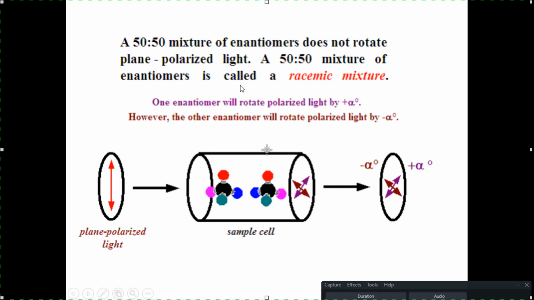So what has become known as a racemic mixture is a 50-50 mixture of enantiomers, because one enantiomer rotates to the right, one rotates to the left, and they cancel each other out, so you get no rotation. That 50-50 mixture is what's called a racemic mixture.